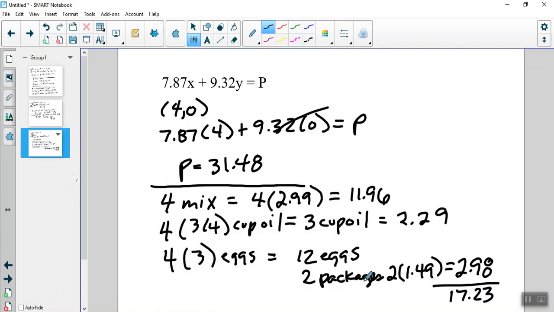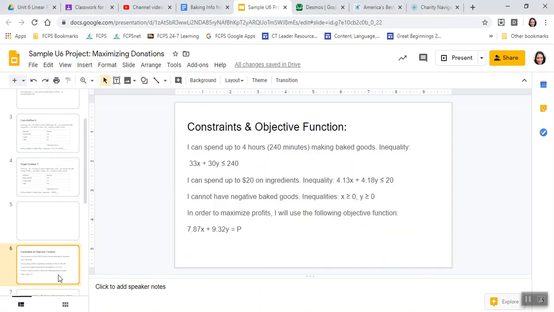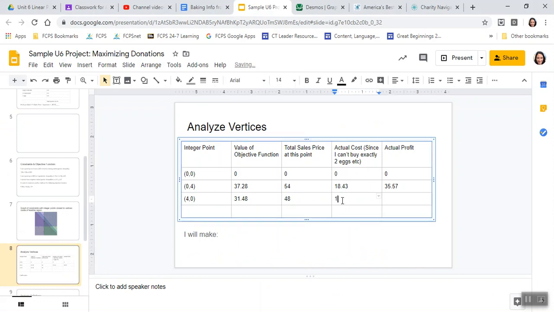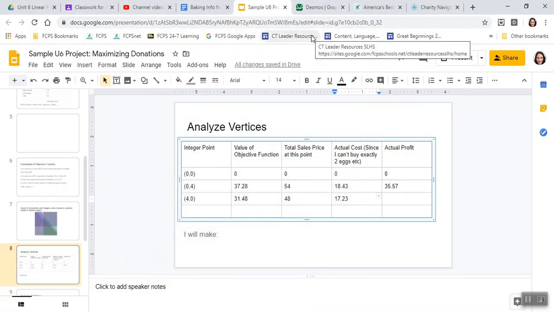Let's put that into my project, $17.23. And then I'm going to subtract the sales price minus the actual cost to find the actual product profit at this point. So 48 minus 17.23 is $30.77.